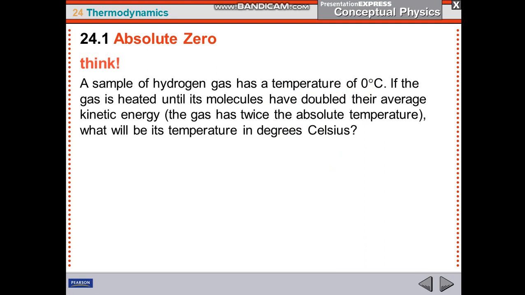Okay, can you answer this question? A sample of hydrogen gas has a temperature of 0 degrees Celsius. If the gas is heated until its molecules have doubled their average kinetic energy, meaning the gas has twice the absolute temperature, what will be its temperature in degrees Celsius?